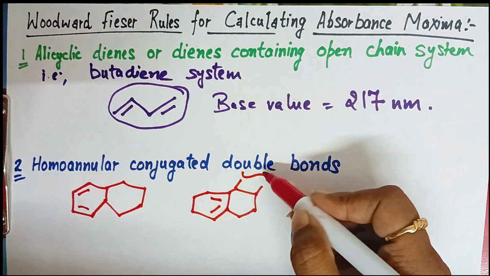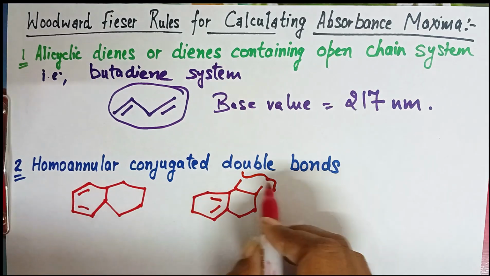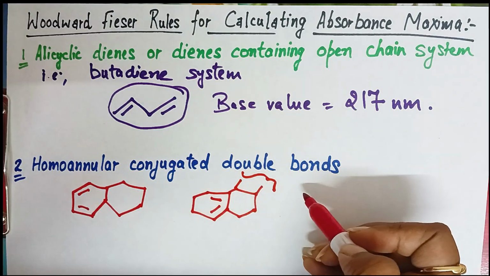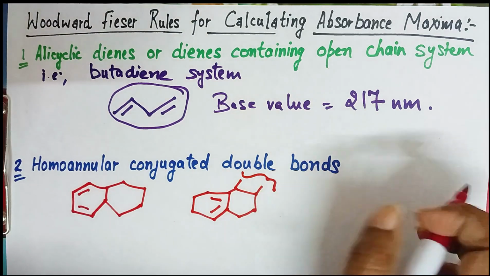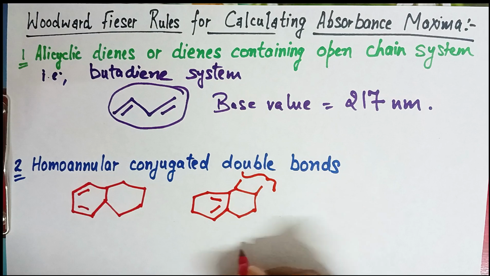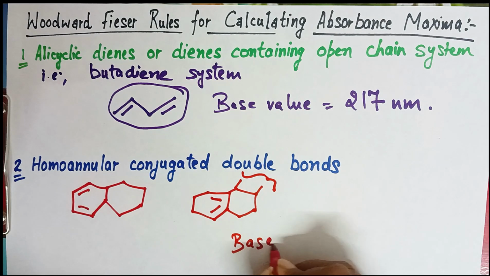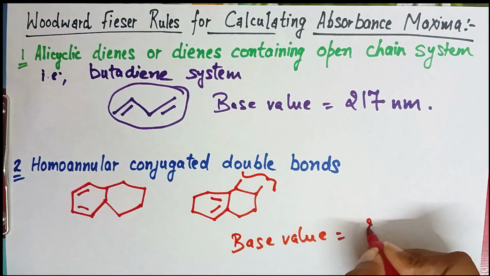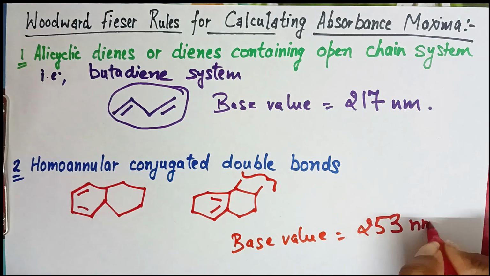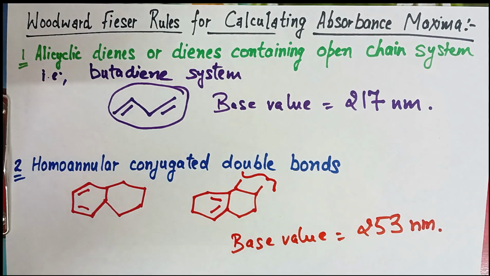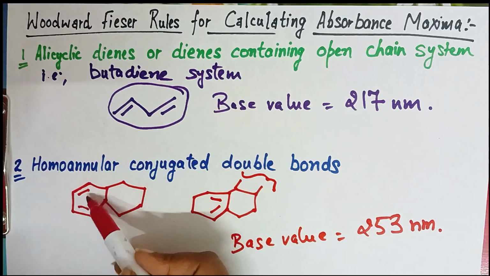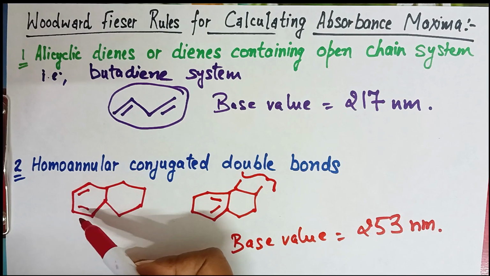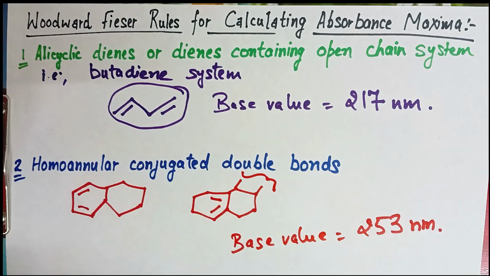Here some miscellaneous groups are present, so this is also a homoannular conjugated double bond system. In these types of systems the base value is 253 nanometers. That is, if both of these double bonds are present in the same ring, then the base value is going to be 253 nanometers.